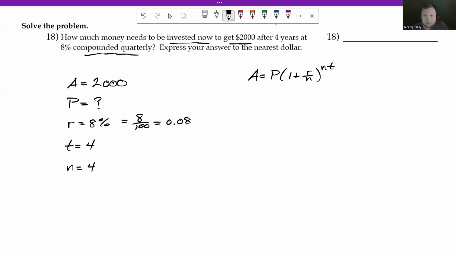You can get to the alternative version with a single step of algebra. If I either divide both sides or multiply both sides by something, so I could multiply it by the negative exponent version on both sides.